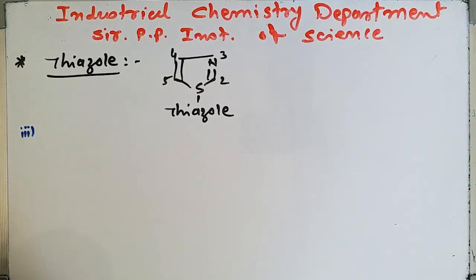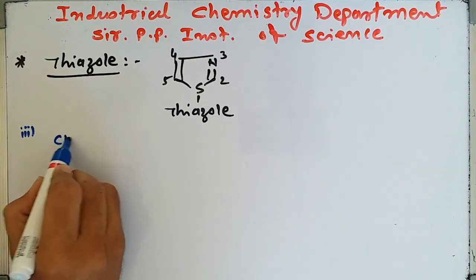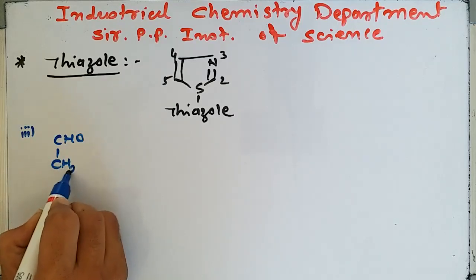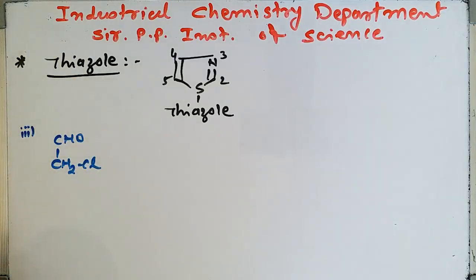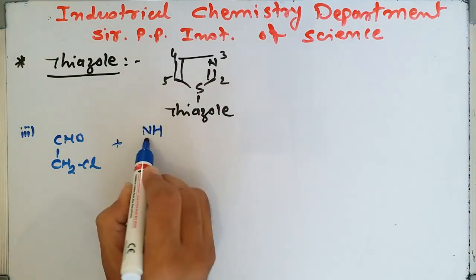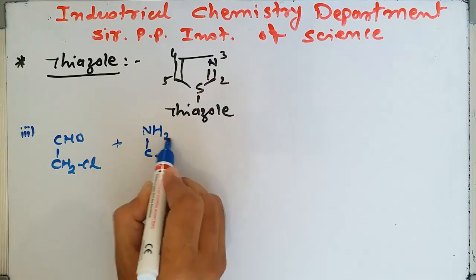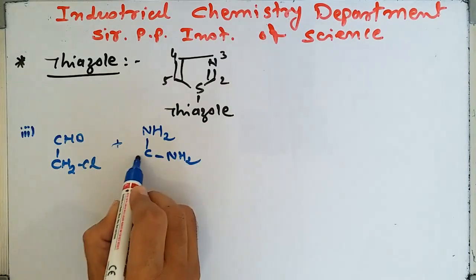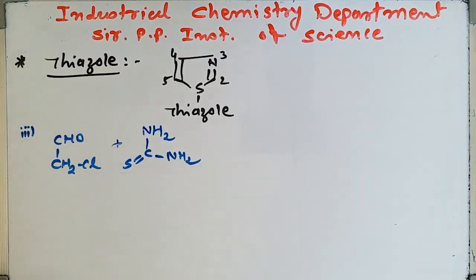Chloroacetaldehyde is CHO-CH2Cl, and thiourea is NH2CSNH2, the sulfur analogue of urea, NH2CONH2.